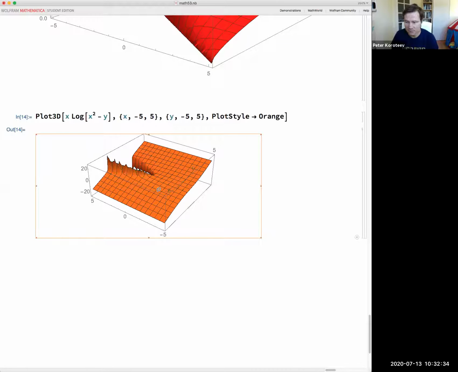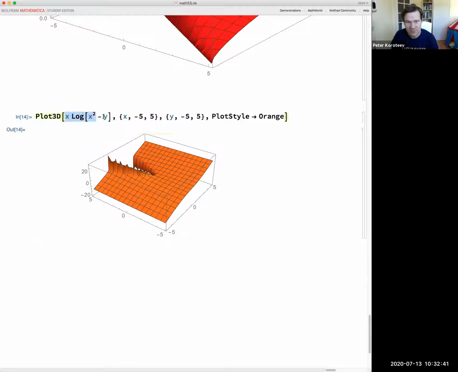You don't have to put 0 in the expression to find value zero. For example, when the argument of the logarithm is not 0, but x is, the value is still 0. So here range is the whole real line.